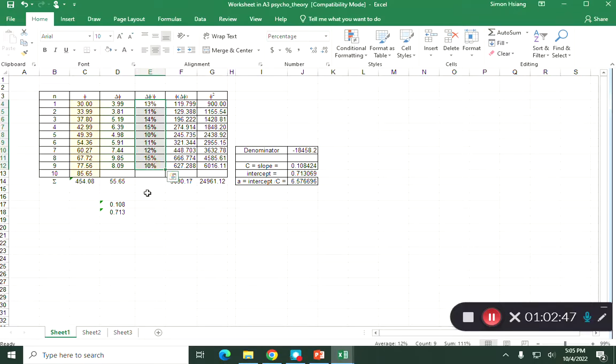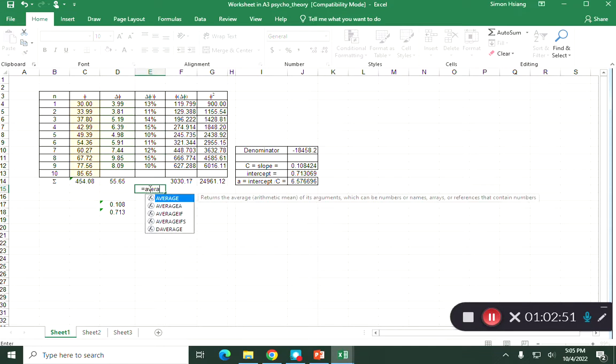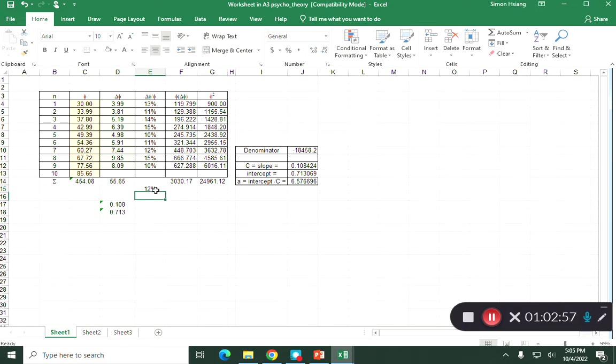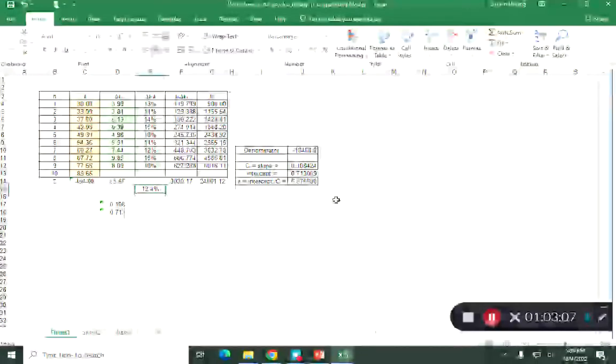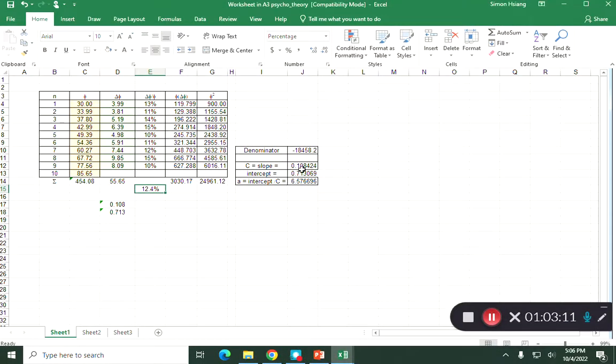So if you use the average of the changes here, okay, it's about 12%, okay? So in other words, without that internal noise, you will have a Weber constant a little higher. But with the internal noise, your Weber constant dropped to 10.8, okay?